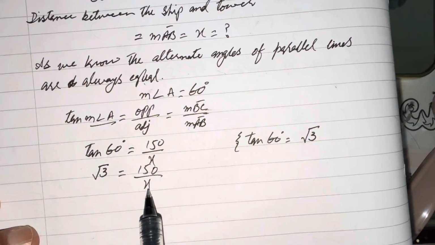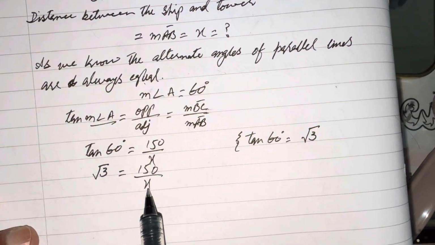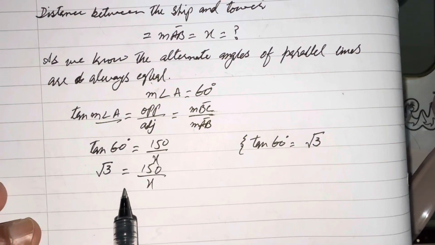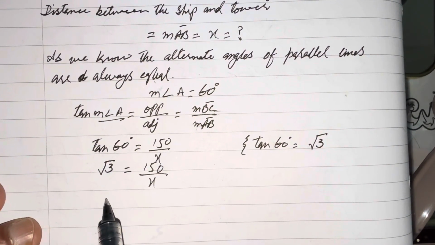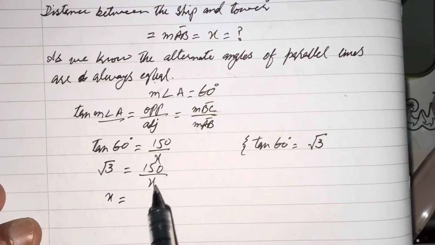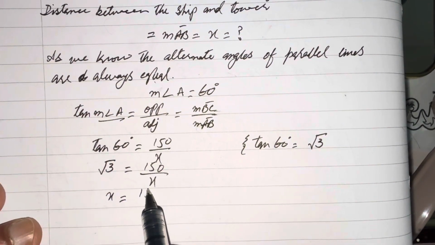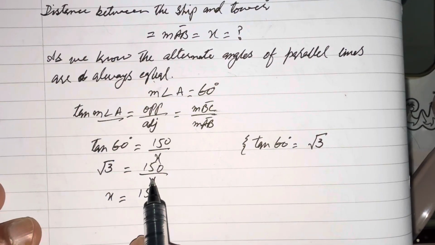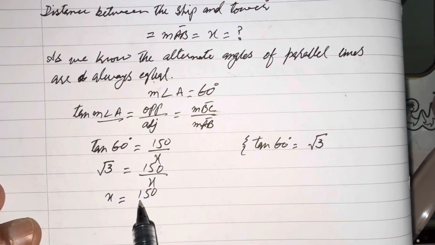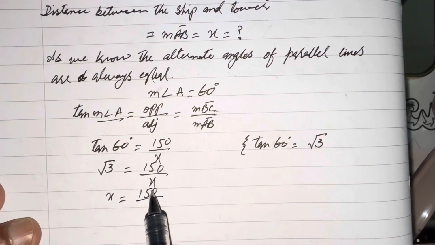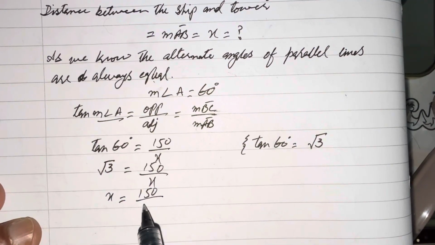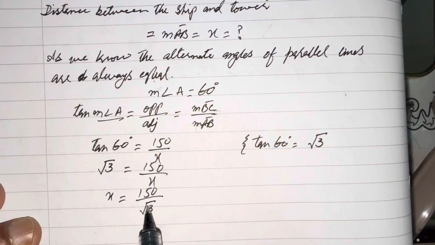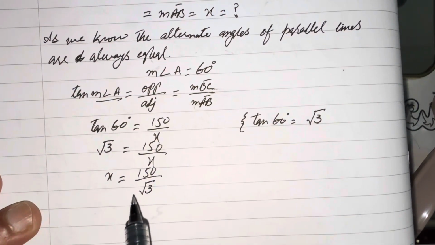Now take the x from the denominator to the other side of the equation. So that becomes x equals 150, and take this root 3 from this side to the other side, so that it becomes the denominator. So x equals 150 divided by root 3.